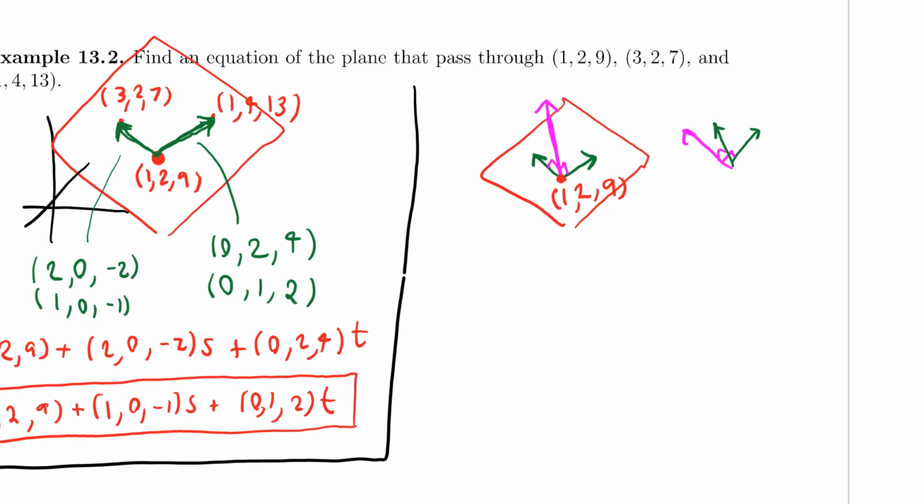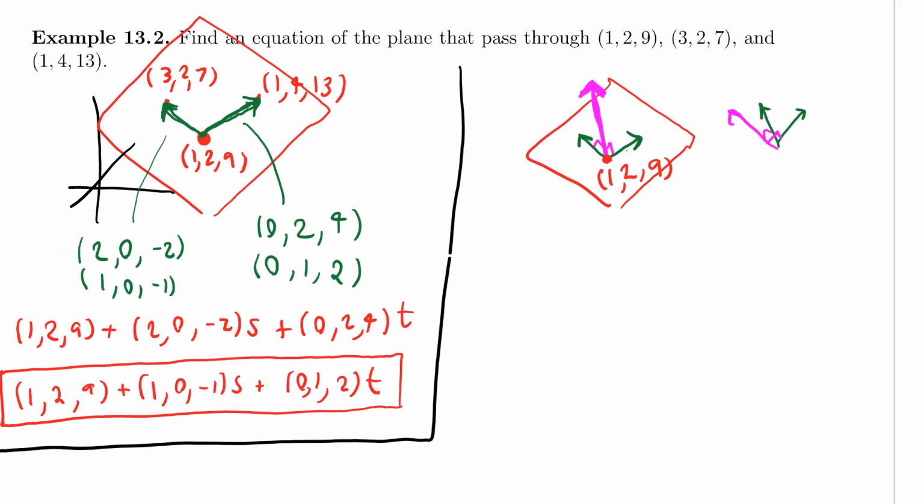That makes this pink vector perpendicular to the red plane, and the normal vector of the red plane, and we can use that to find the equation of the red plane as well. So let's now compute the cross product of the two green vectors here.